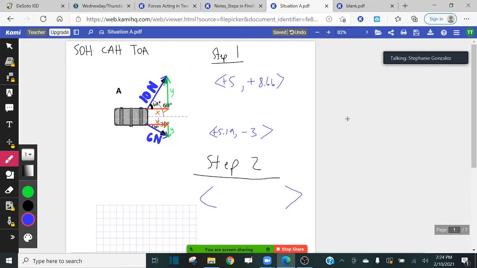You will get 10.19, and then for y you would get 5.66. Thank you. And that's all you have to do for step 2. Did y'all see what Stephanie did? She just combined the x components to get that, and then combined the y components to get that.